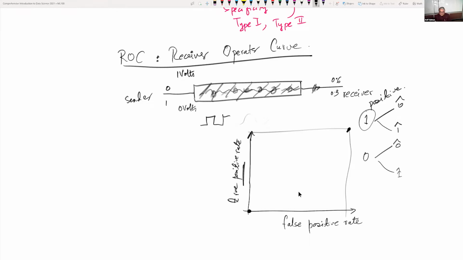And you can think through and realize that if you bring the voltage down a little bit and set the threshold there, then the true positive rate will increase, but the false positive rate also increases because some of the zeros are now getting interpreted as ones, right? And so there's a linear relationship.